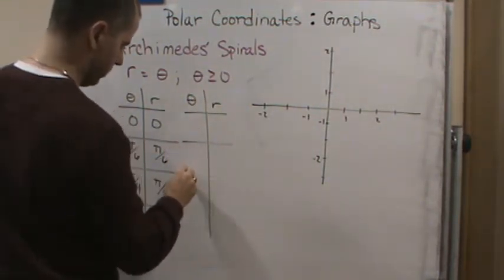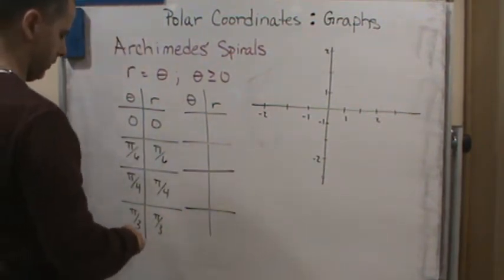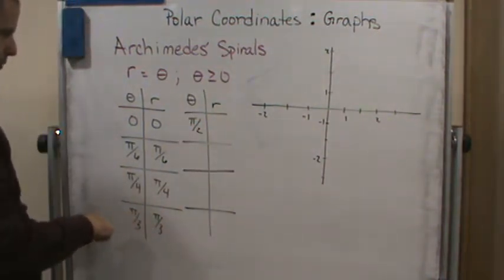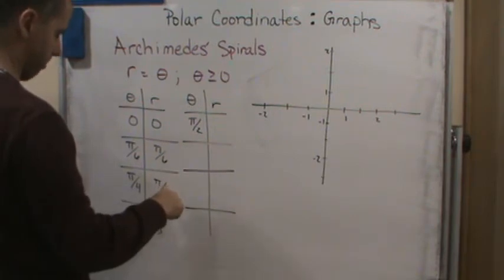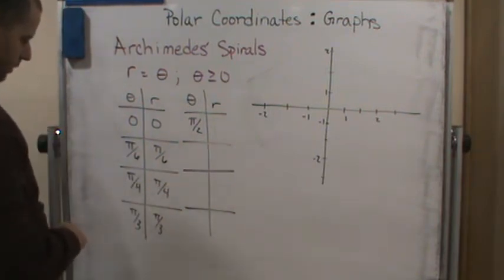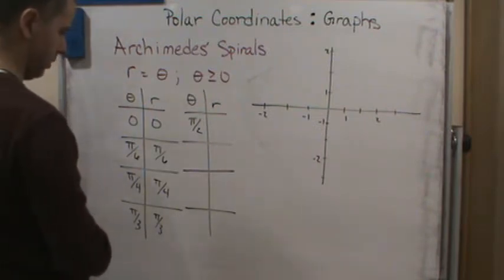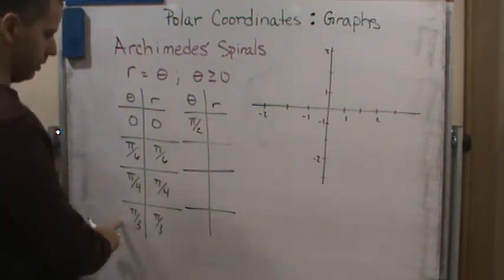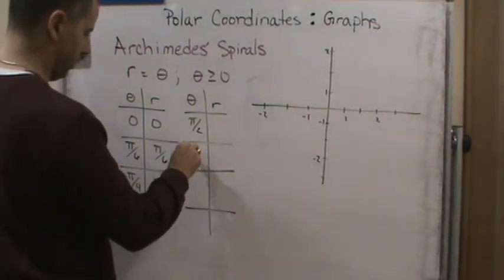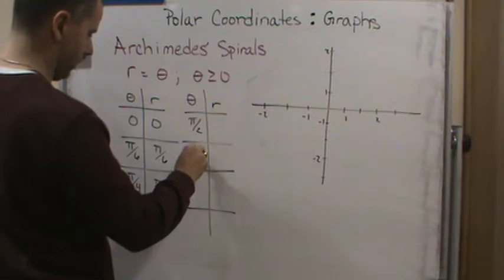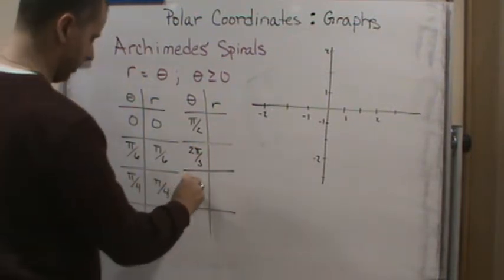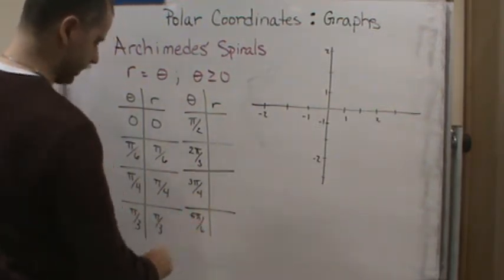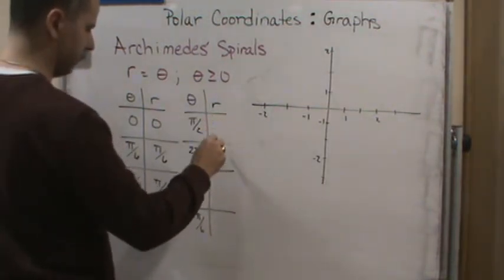Then we get pi over 2, and we get 2 pi over 3, and we get 3 pi over 4, and we get 5 pi over 6. And we get the same thing over on this side, right?